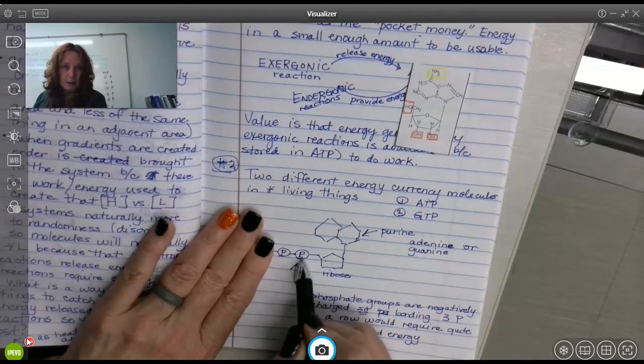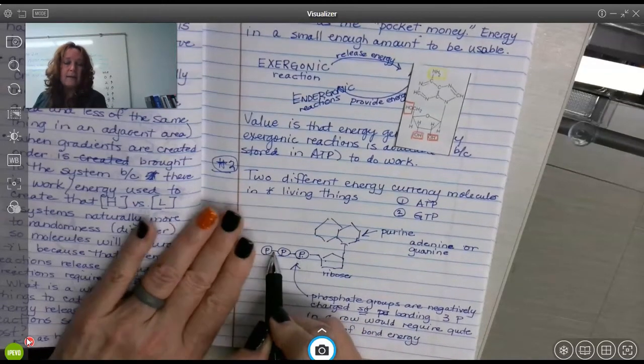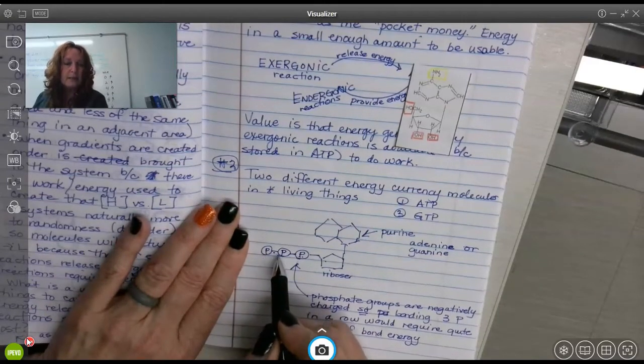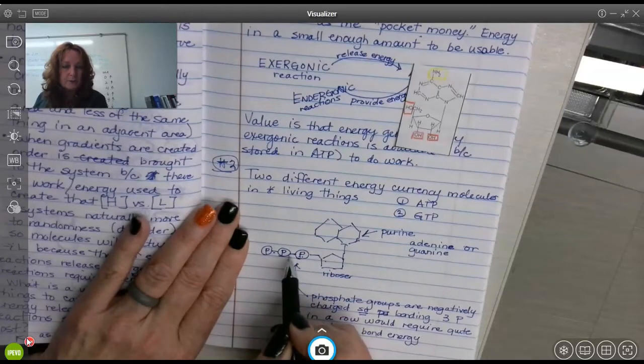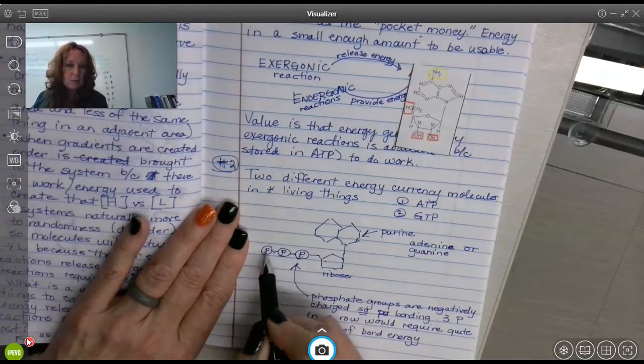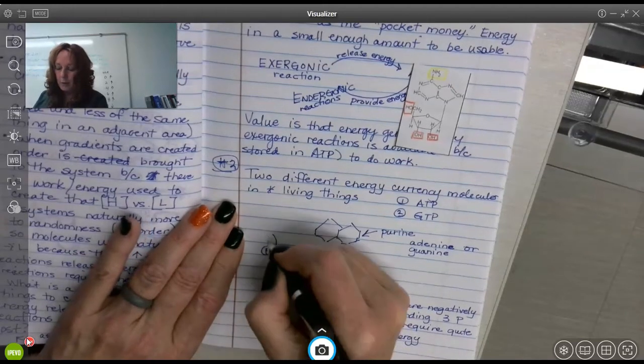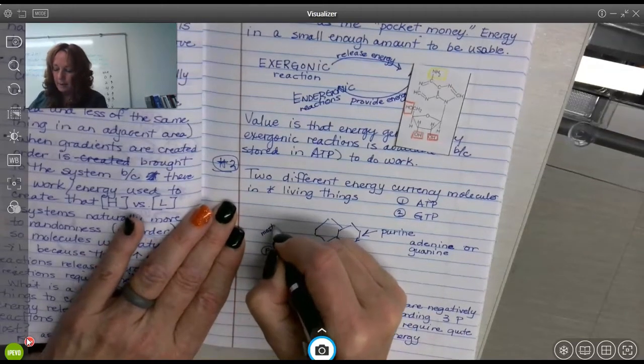So this would be ADP, diphosphate, and then this last one would have the most energy because now you've got these repulsive factors here, and this one is being added into that. So this bond right here has the most energy.